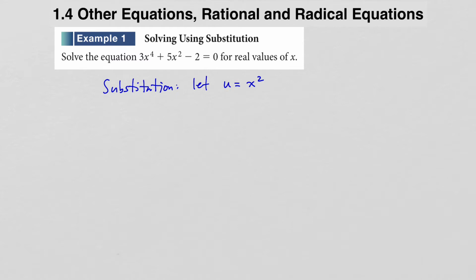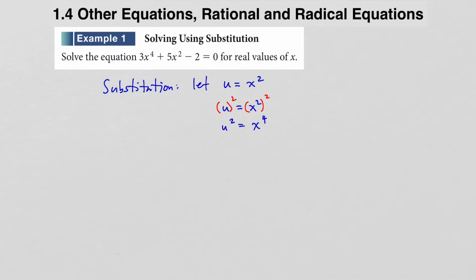Now, why did I let u be equal to x squared? Well, if u is equal to x squared, then I can replace the x squared here with the variable u. Now the question is, what can I do with x to the fourth? Well, notice that if u is equal to x squared, and if you square both sides of that substitution, you get u squared is equal to x squared squared, which is x to the fourth.